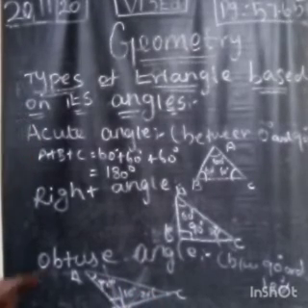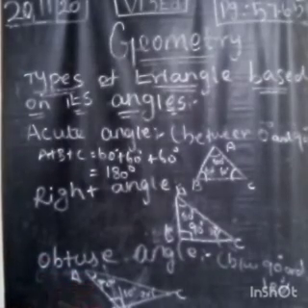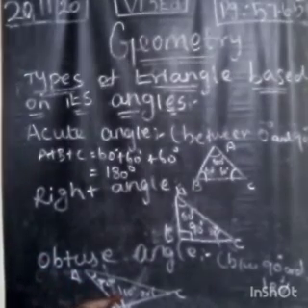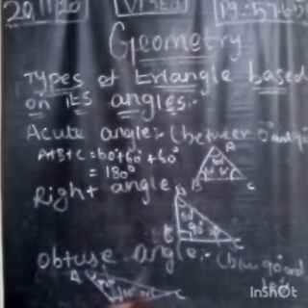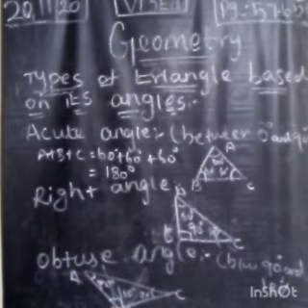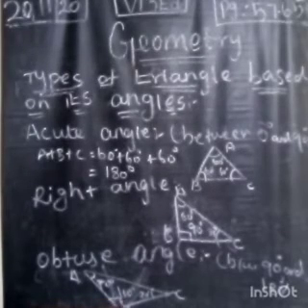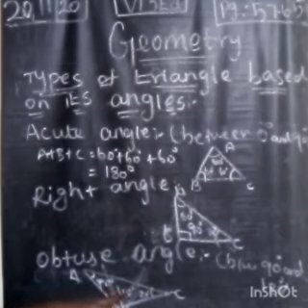Adding all these values, we get 180 degree. The sum of the angles of a triangle equal to 180 degree. Here the angle is between 90 degree and 180 degree, so it is the obtuse angle.